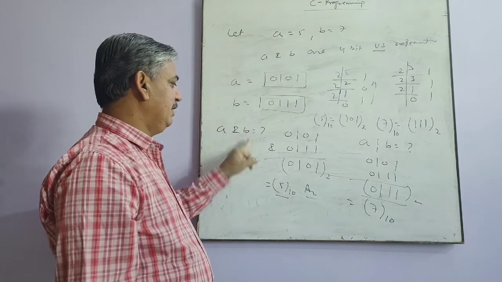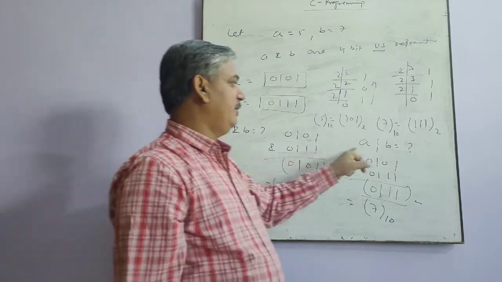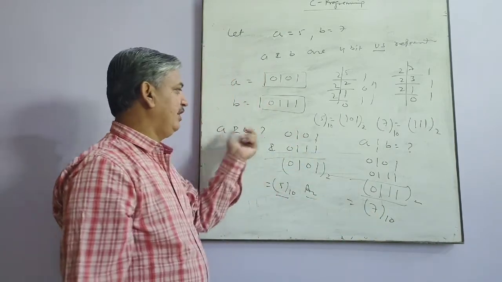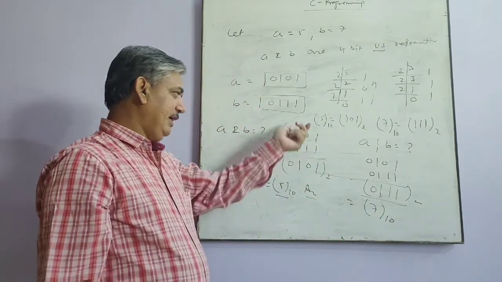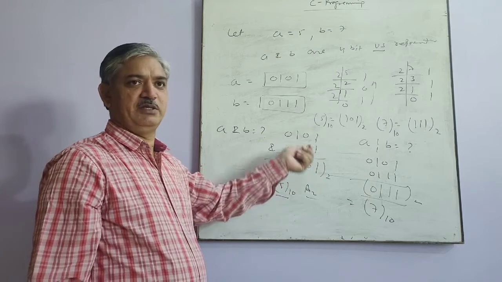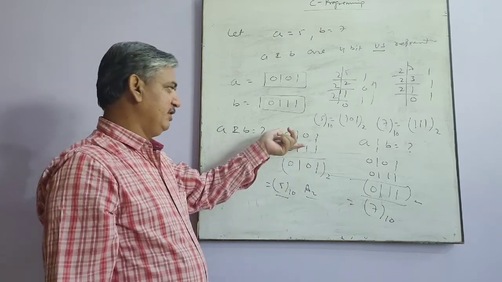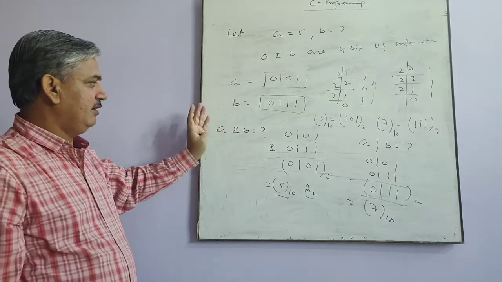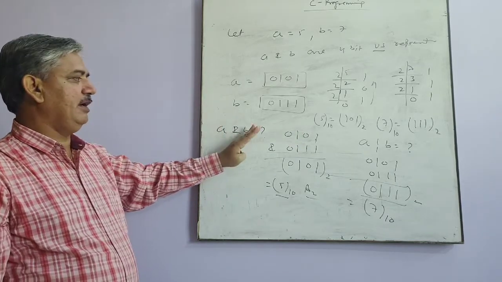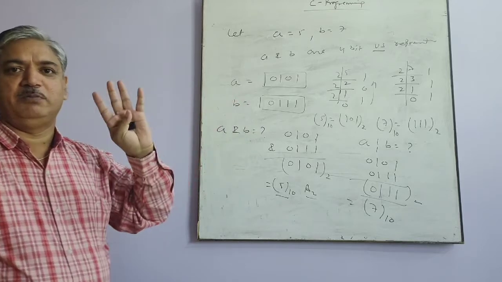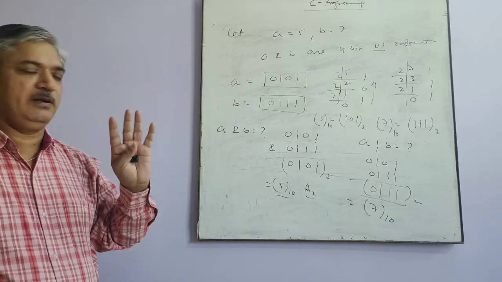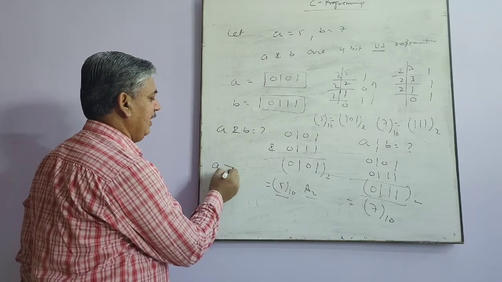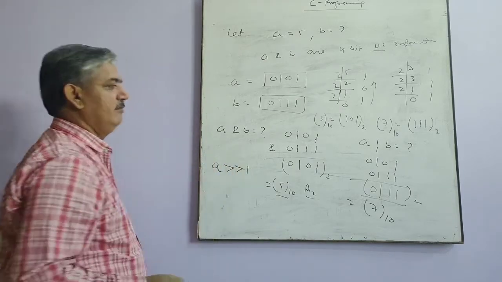So A AND B is what? 5. A OR B is what? 7. So the method is what? First convert A into bits, B into bits, and then apply operation on individual bits. So the important thing is conversion. We know how to represent the A and B operands in terms of bits. This is important. Clear?